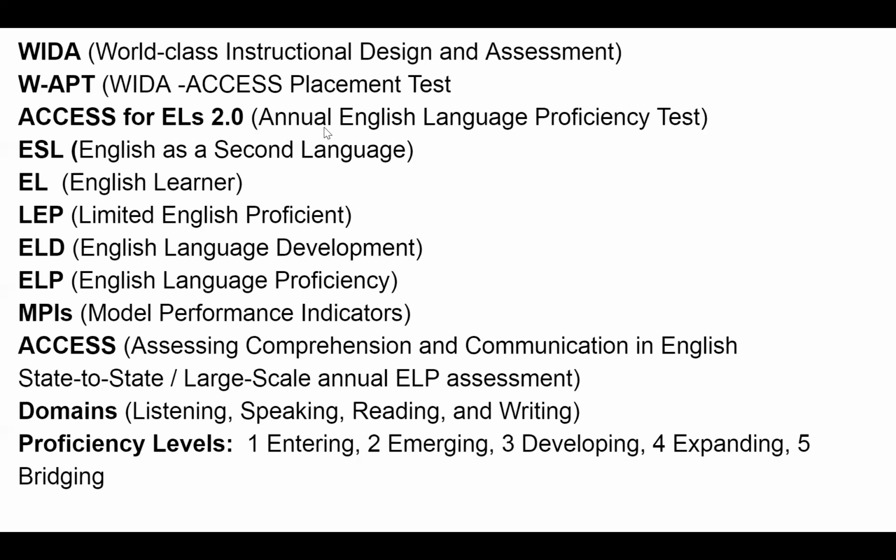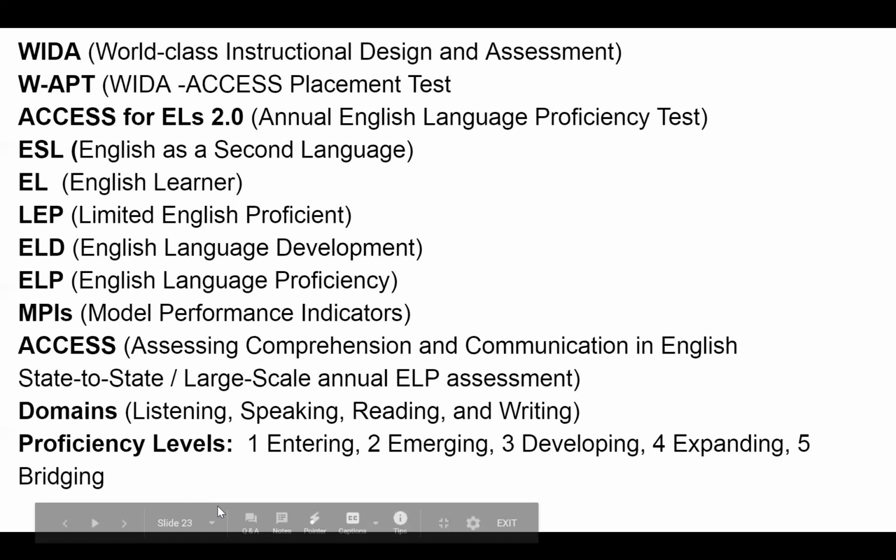Our ACCESS test, ACCESS for ELLs 2.0, the ACCESS stands for Assessing Comprehension and Communication in English State-to-State for English Language Learners, Large-Scale Annual ELP Assessment. The domains are listening, speaking, reading, and writing, and our proficiency levels, Level 1 Entering, Level 2 Emerging, Level 3 Developing, Level 4 Expanding, and Level 5 Bridging.